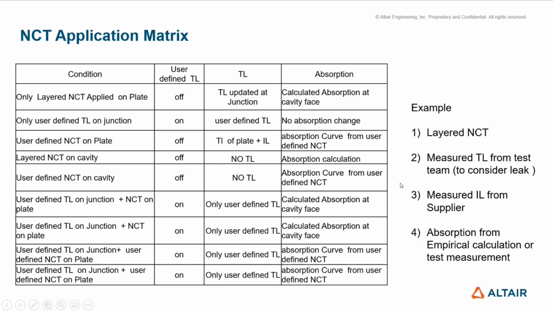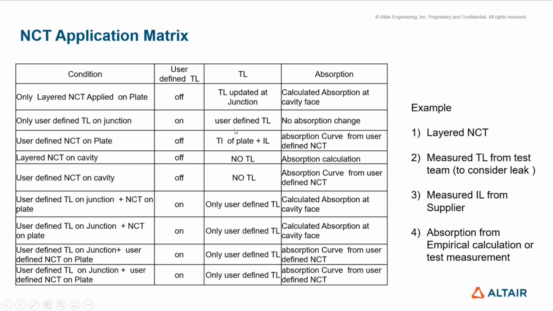Or he wants to update the absorption rather than calculating from empirical calculations or test measurements done inside the OEMs. So they want to update these values independently, regardless of whether it is a layered NCT or a user defined NCT.